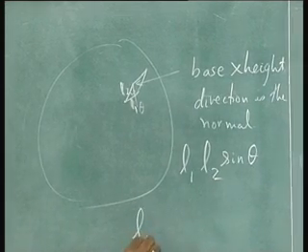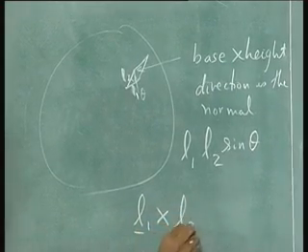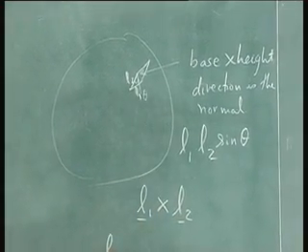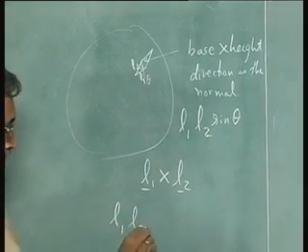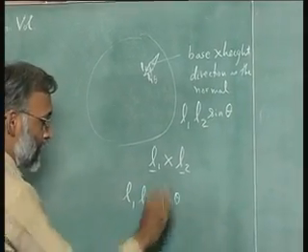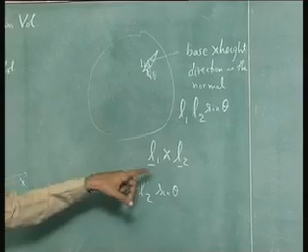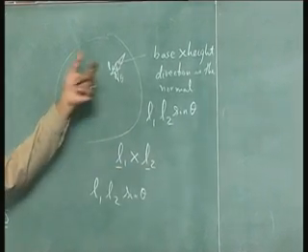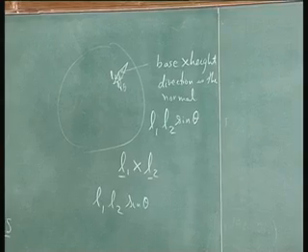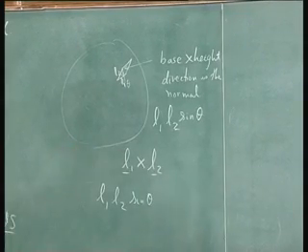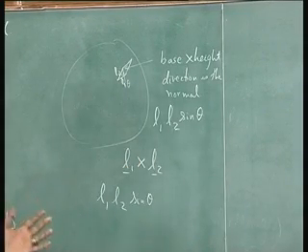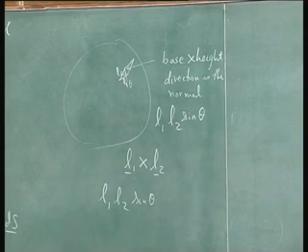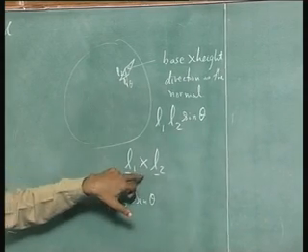But if you look at L1 cross L2, the magnitude of that is magnitude of L1, magnitude of L2 sin theta, and the direction of that is 90 degrees to both L1 and to L2, which is outwards. So, that is why when you look at any area and you want what you mean by area, it is a cross product that comes in.